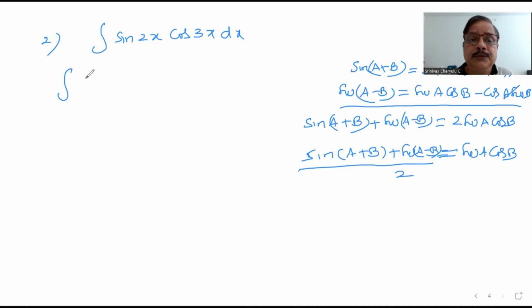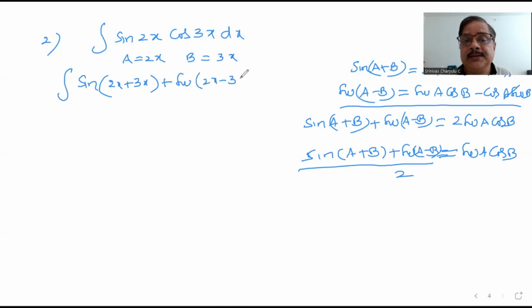So apply this formula now. Sin of a plus b, a means here 2x, b means 3x. So sin of a plus b means 2x plus 3x, and sin of 2x minus 3x, whole dx.